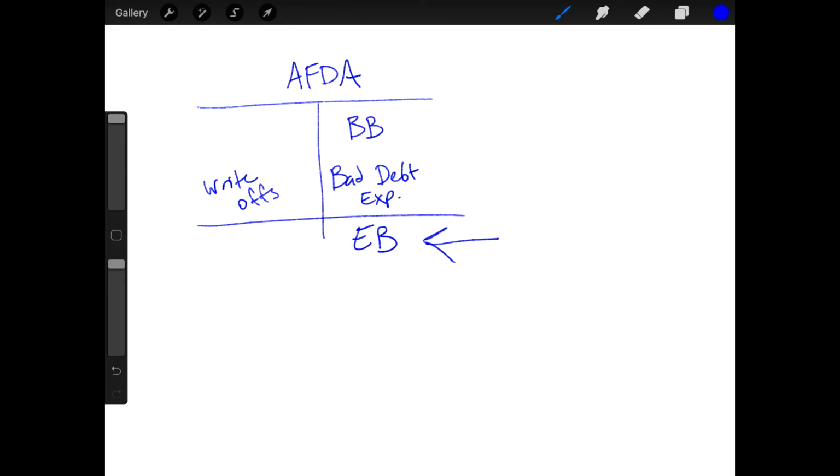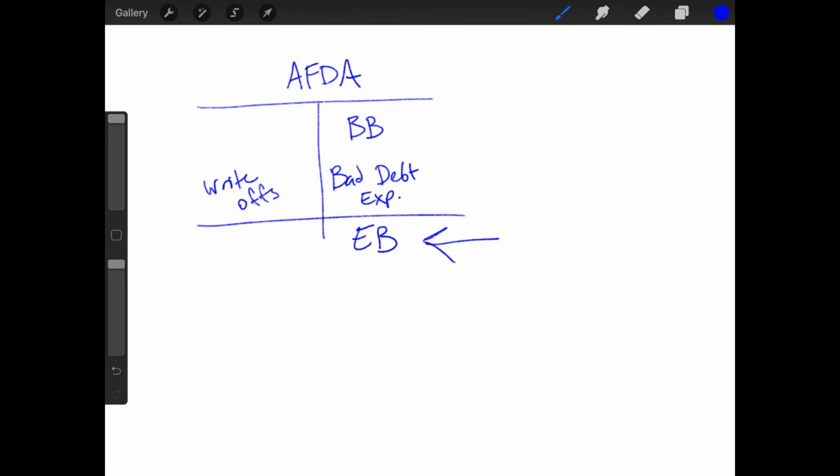So when we do an aging of our accounts receivable, we're looking at the total accounts receivable, breaking those into age groups, and then estimating what percentage of those are going to be uncollectible. Since we're basing that total amount uncollectible off the total amount in our accounts receivable, that will give us our ending balance in our AFDA account.